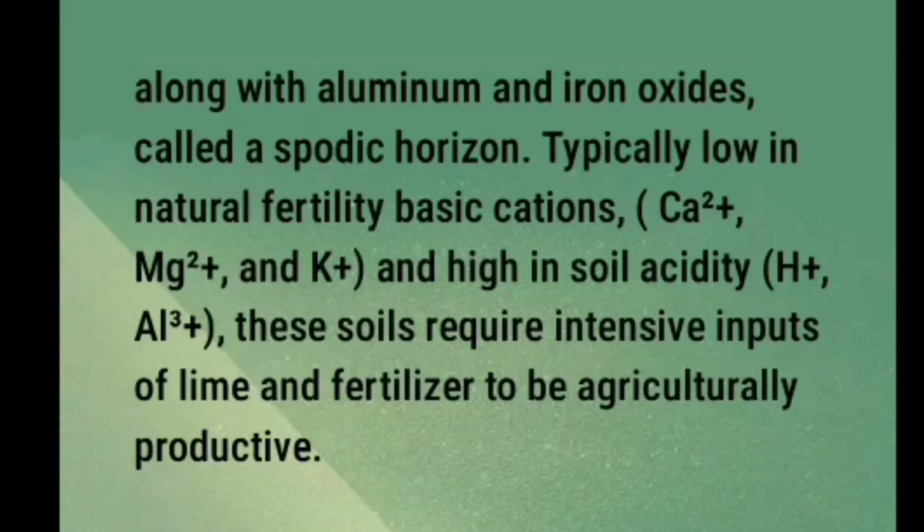Typically low in natural fertility: depletion of Ca2+, Mg2+, and K+, and high in soil acidity of H+ and Al3+. These soils require intensive inputs of lime and fertilizer to be agriculturally productive.